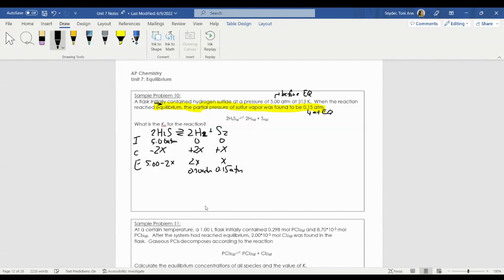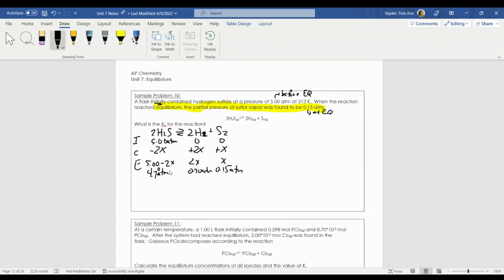So I would have 0.30 atmospheres. And then if I take 2x, that's 0.3. 5 minus 0.3 gives me a partial pressure of 4.7. Make it 4.70 atmospheres.